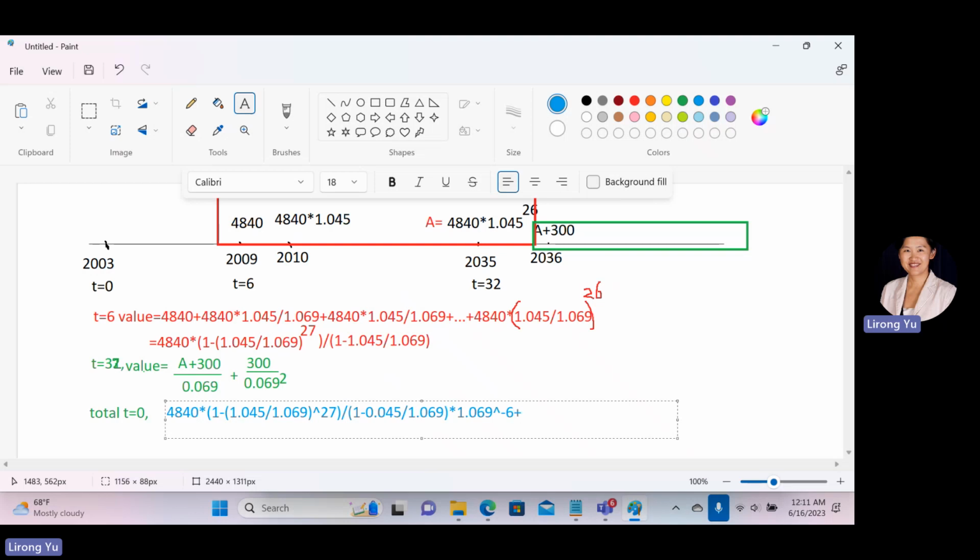The second one, 4840 times 1 minus 1.045 over 1.069. I think I wrote the wrong thing. All right, it's supposed to be 4840 times 1.045 to the power of 26 plus 300.